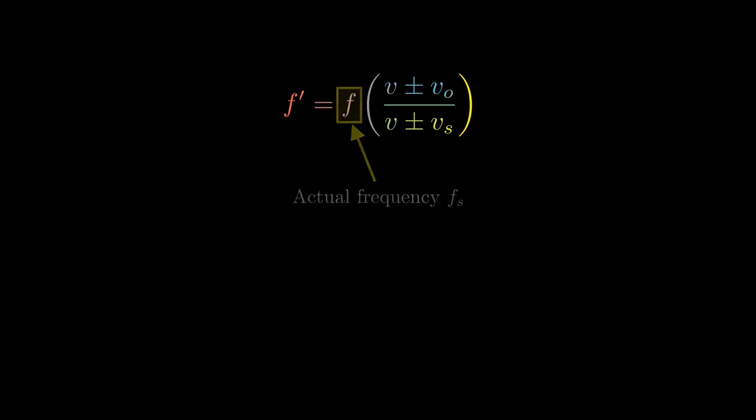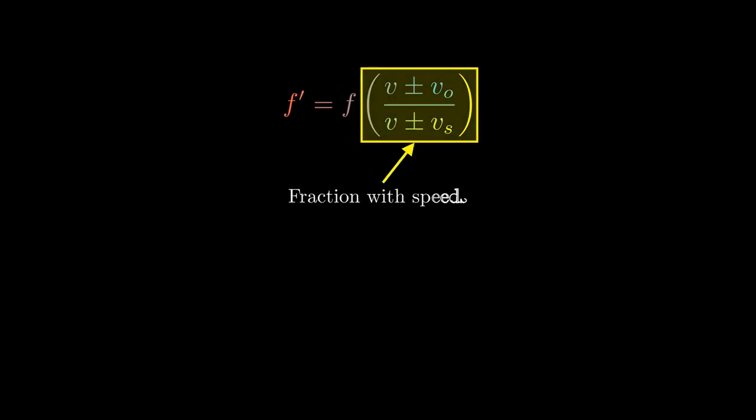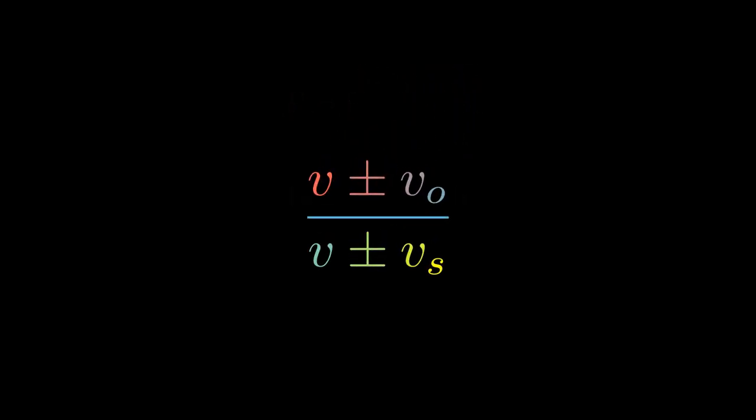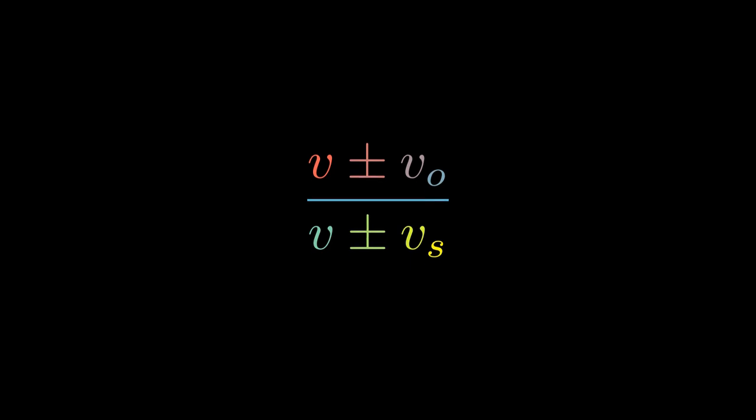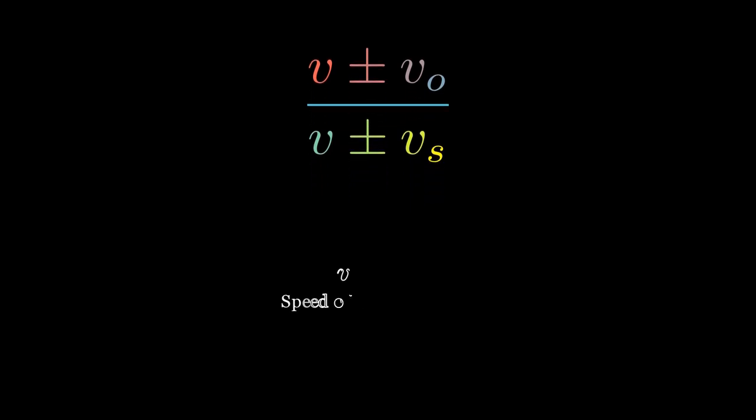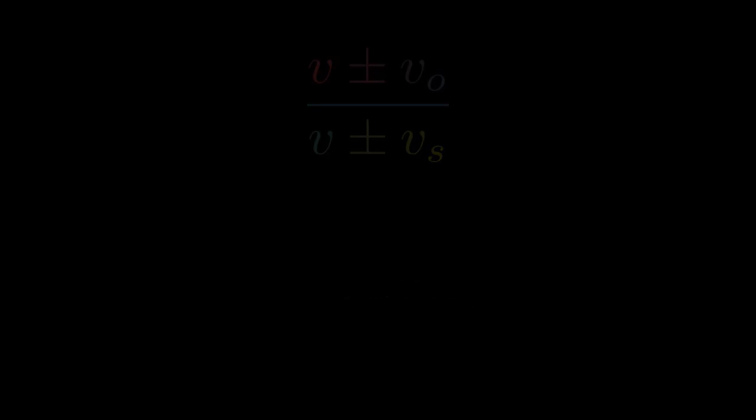And this is where our fraction comes in. The fraction contains V, Vs, and Vo. V is the speed of sound, Vo is the speed of the observer, and Vs is the speed of the source. This part is what determines whether you hear a louder sound or not.